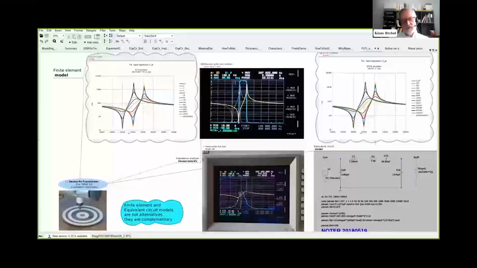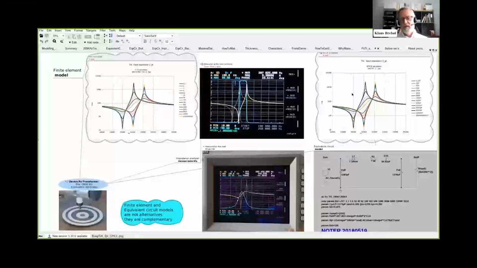And you can say, why not stop here? Because you have your finite element model and you have your check that it is actually fitting very nicely. But I prefer to continue. So from the simulated impedance plots here, I create an equivalent circuit. And from this equivalent circuit, I create a similar impedance plot to the first one.